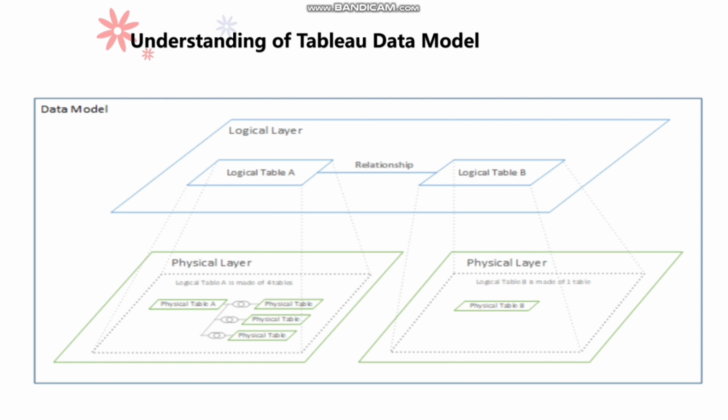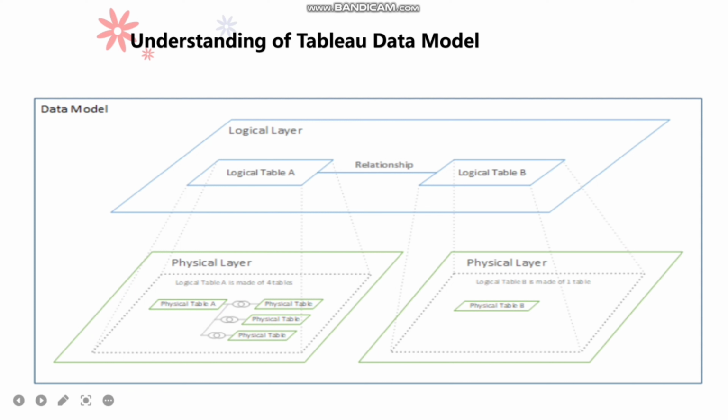And if you observe the picture over here, logical table A is connected to a physical layer. That means when you click on a logical table, you will be able to see a physical layer underlying beneath it. So in the physical layer, whatever join operations or union operations we would like to perform on multiple tables, we will be able to do that in the physical layer, and it will be lying underneath the logical table or logical canvas.